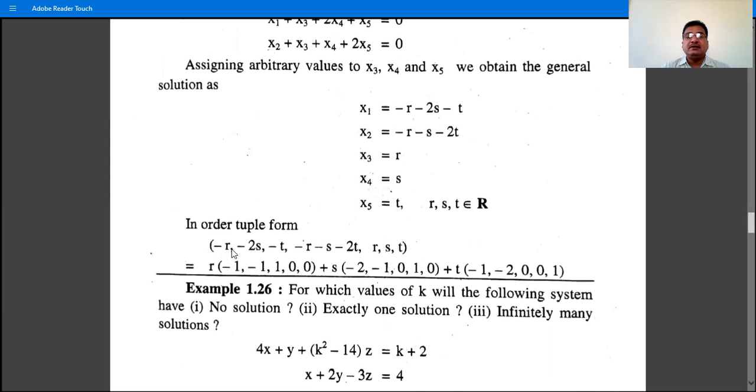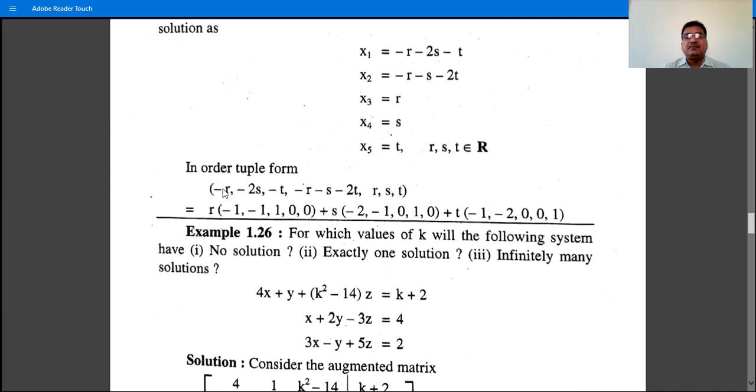And so we write the solution in this form: the 5-tuple, minus r minus 2s minus t, comma, minus r minus s minus 2t, comma, r, s, t. Now write the coefficient of r: minus 1, minus 1, 1, 0, 0.